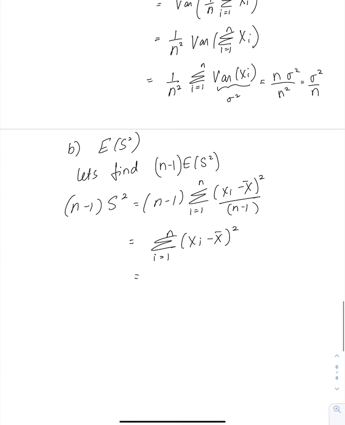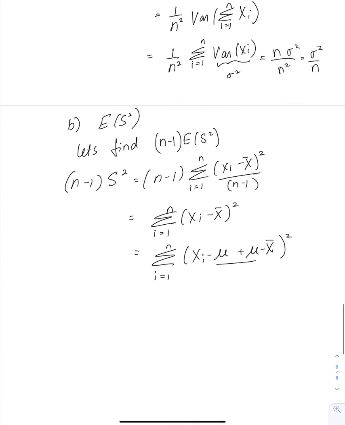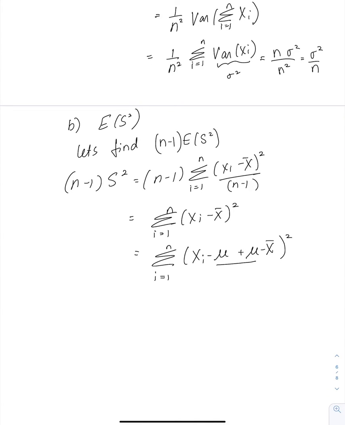Okay, so what we're going to do inside the square is a little trick. We will subtract mu and add a mu. So I essentially just added 0 over there. Then I'm going to think of these terms separately: xi minus mu, and then minus x bar minus mu, whole squared.